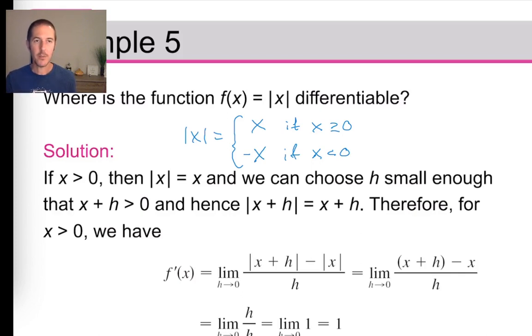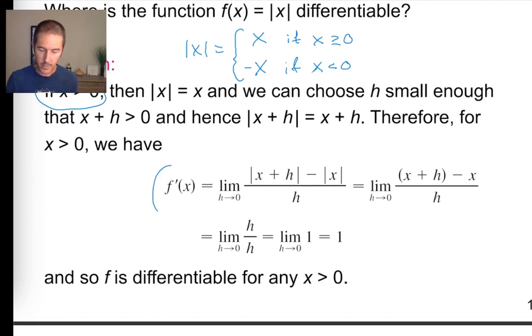You need to keep this in mind in order to go through and read this solution process, which I'm not going to spend a lot of time on. But notice that here's this distinction: if x is greater than 0, then we find our first derivative using the limit process. Here's x plus h, so that's f of x plus h minus f of x, and since our x value was greater than 0, we have abandoned the absolute value bars.